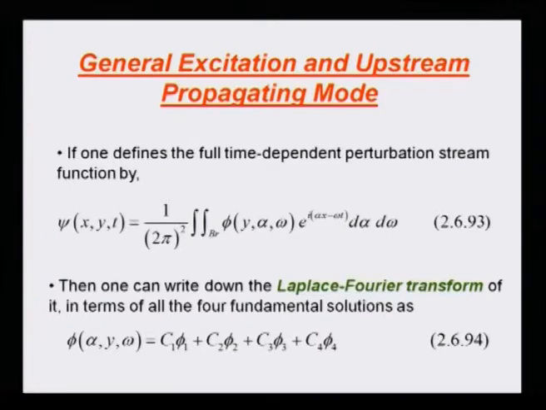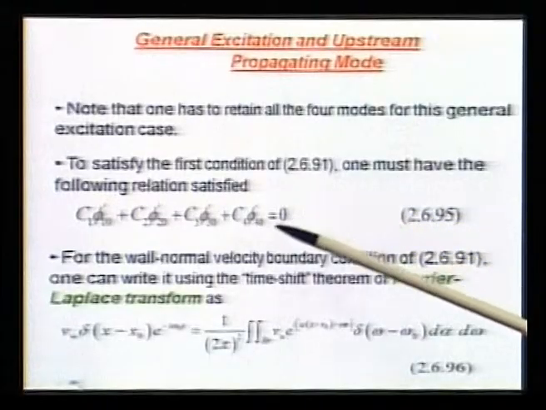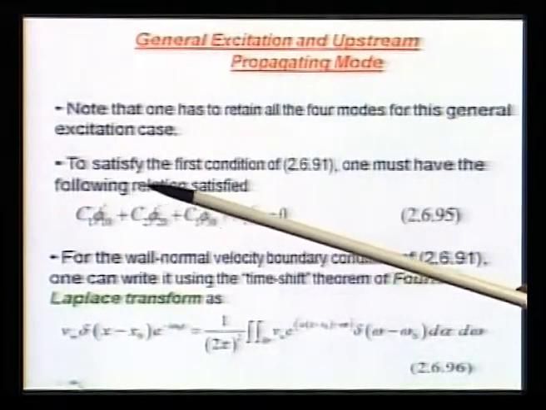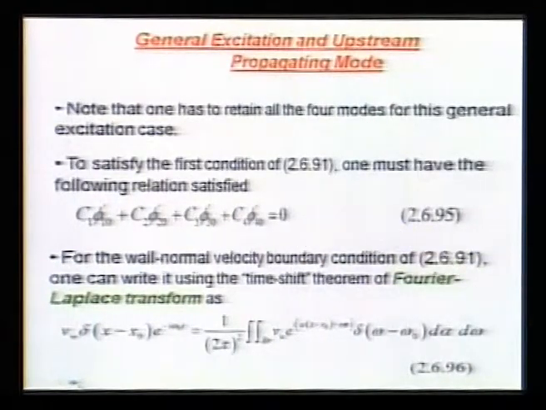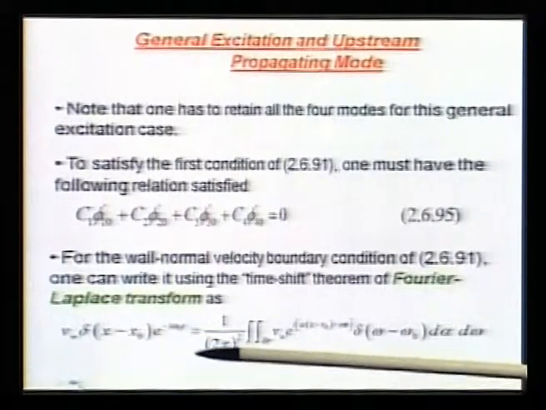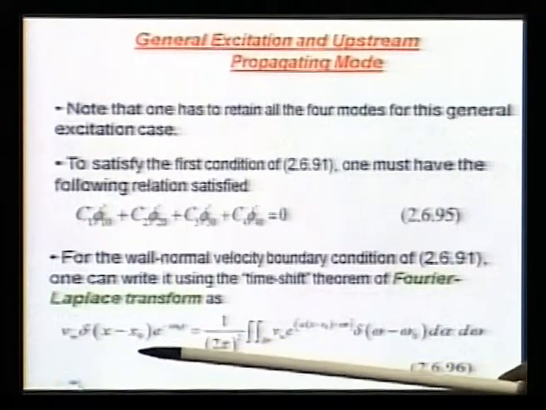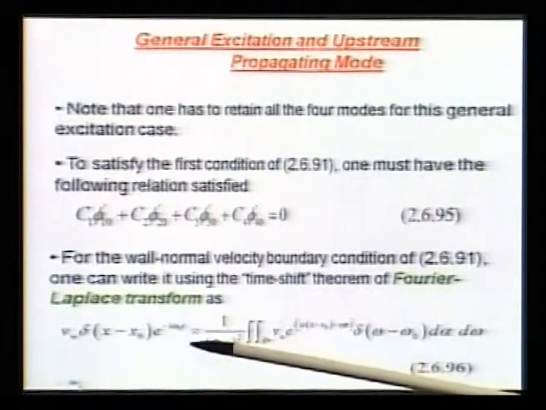Now once you do that, you are going to get 2 sets of boundary conditions at the wall. One corresponds to u equal to 0, that would imply the primed quantity, meaning the derivative with respect to y, should be equal to 0. And this is the wall normal component of velocity, which is located at x equal to x naught, that gives you this delta function, and it is a harmonic excitation at a frequency omega naught.